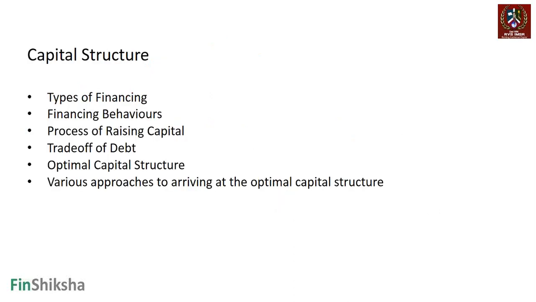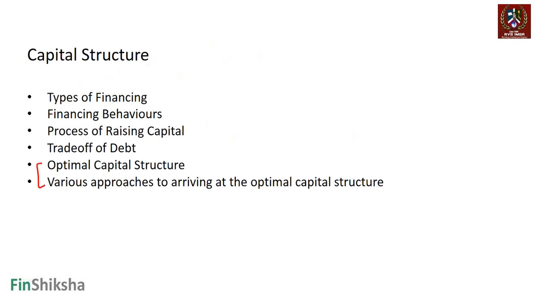We're going to look at what are the types of financings available, what are typical financing behaviors depending on what life cycle stage the business is in, process of raising capital, the trade-off of debt, which is essentially what are the uses, positives and negatives when a company decides to raise debt, optimal capital structure, and various approaches to arrive at this optimal capital structure. The last two are going to take bulk of our time essentially, right?